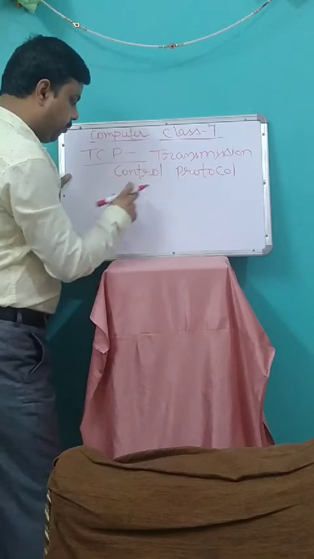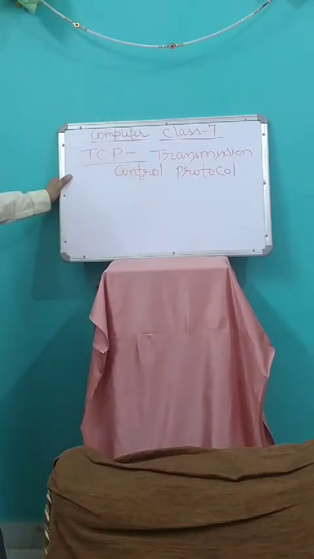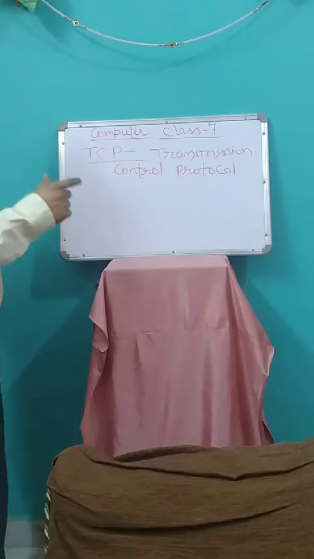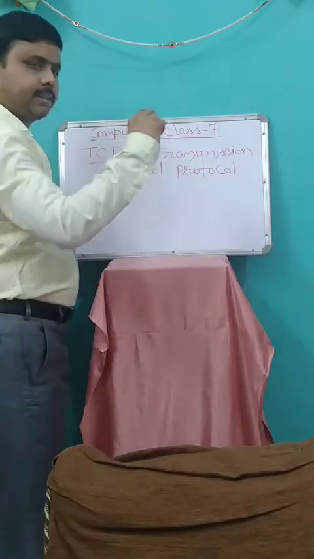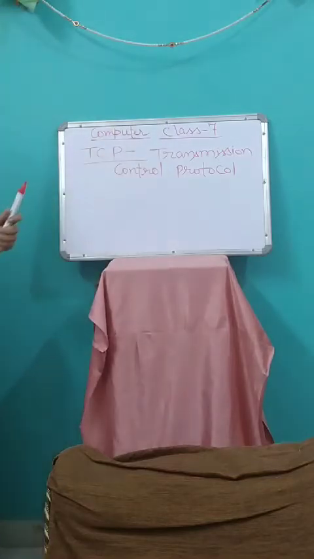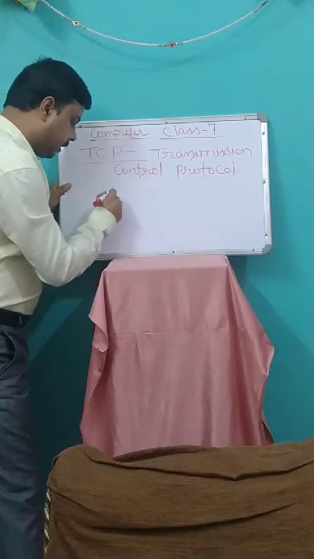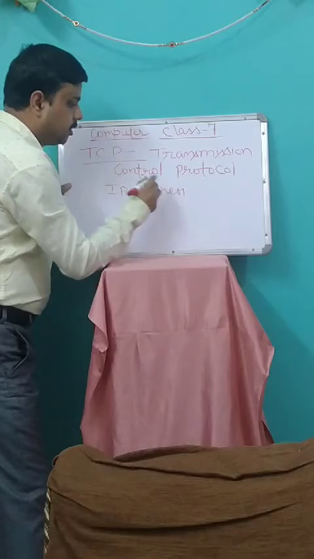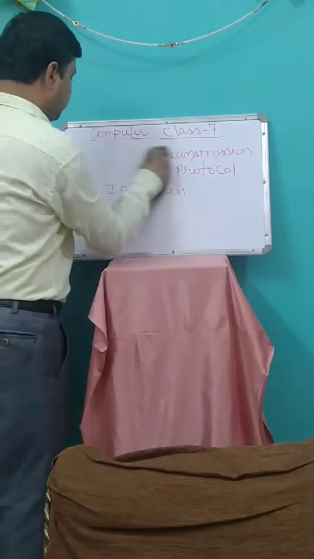Means your information is converted into small packets. Is it clear? And then each of the small packets has an IP address. Each packet has an IP address. Is it clear? So next topic, IP, class.